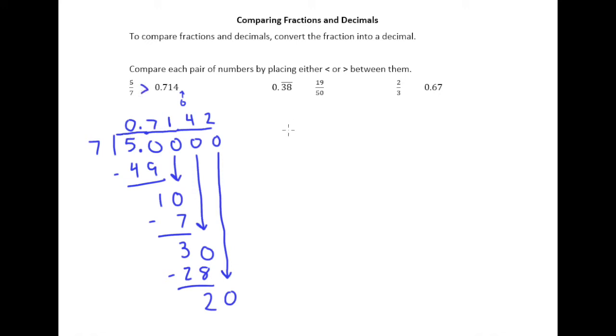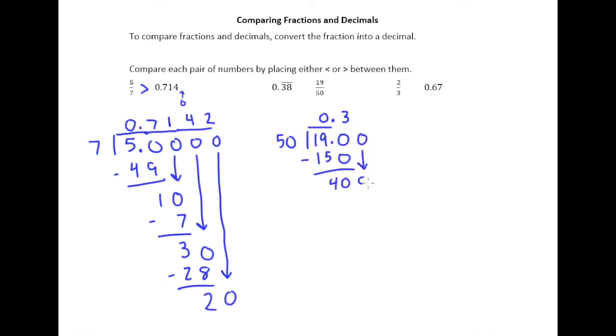Alright, so now let's look at 0.38 with a bar over it and 19/50. So first of all, we'll start the process of turning 19/50 into a decimal. 50 goes into 19 0 times. 50 goes into 190 3 times. 3 times 50 is 150. We get a remainder of 40.